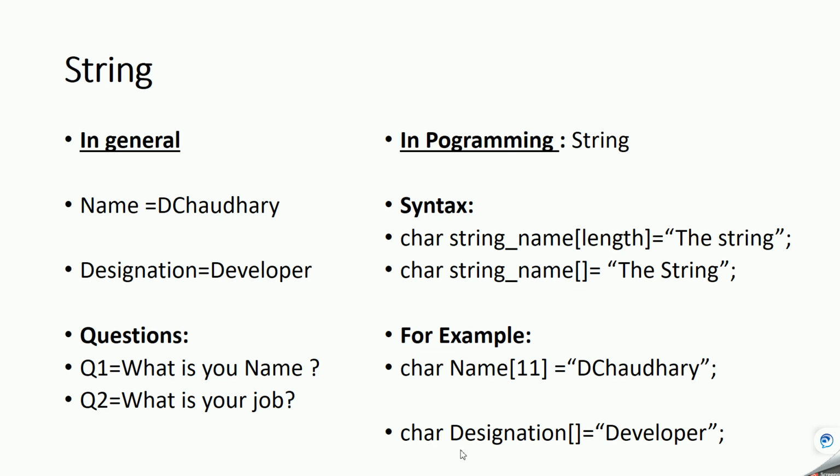Let's see another string, char designation, and in this case we are not giving the length, so it will automatically derive the length. And always remember, one null character will be appended at the end. So let's see in picture.